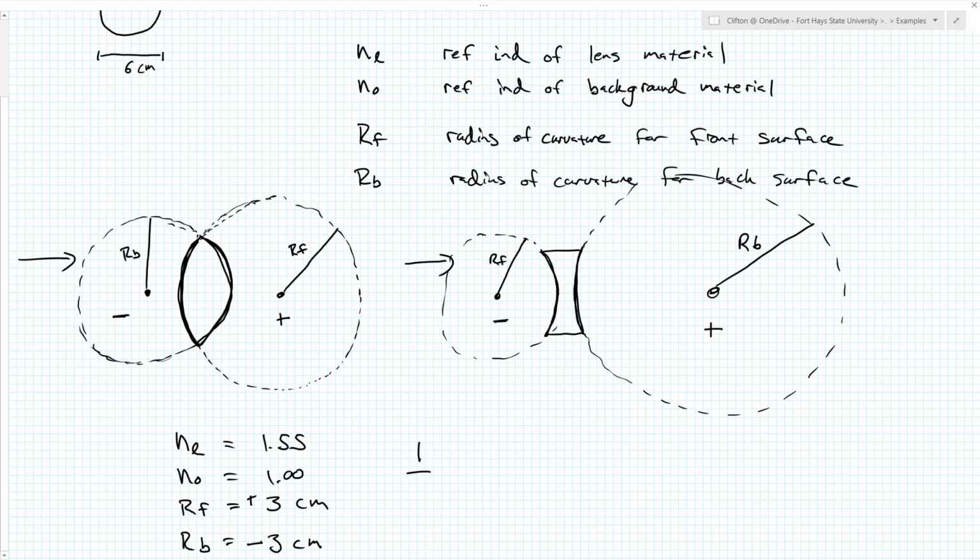All right, that means that 1 over the focal length is going to be this 1.55, which is the lens material refractive index, minus 1 over 1. Then 1 over the radius of curvature for the front surface, which is a plus 3, minus 1 over the radius of curvature for the back surface, which is a minus 3. So that minus sign is important. If I didn't have that minus sign, then I would get 0 for 1 over the focal length.